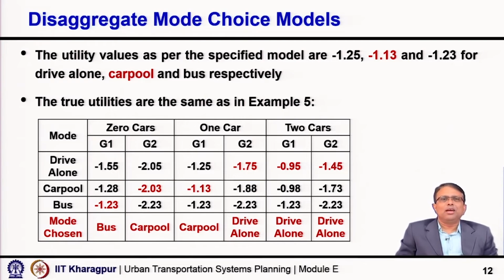So, as a modeler I said what? I said that the choice will be carpool, because carpool is maximizing the utility and in this case it is negative value. So, the minimum one is taken, right.